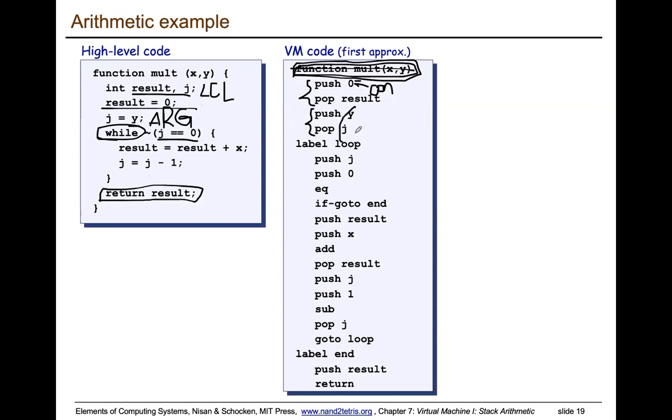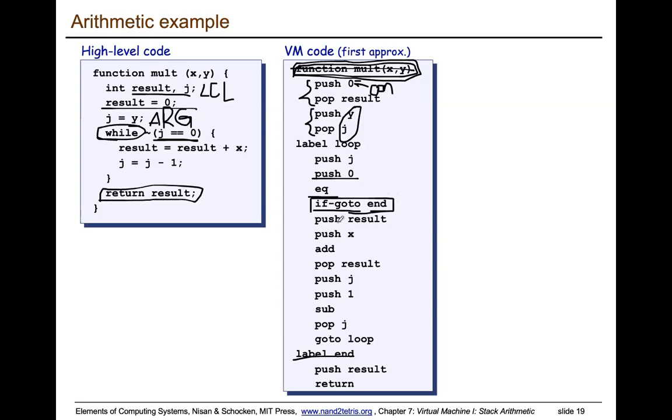Here I still use a variable, not a segment. Now I start my loop. I will push j, and push 0. I will compare if it's equal, then go to end. This is the label end. In the next class we will do this if-goto-end kind of control.